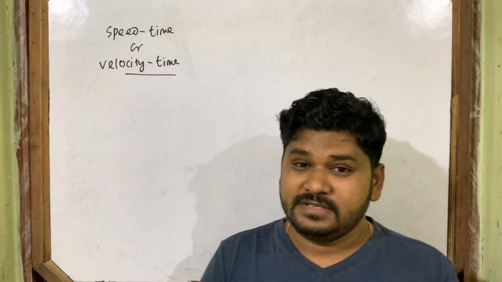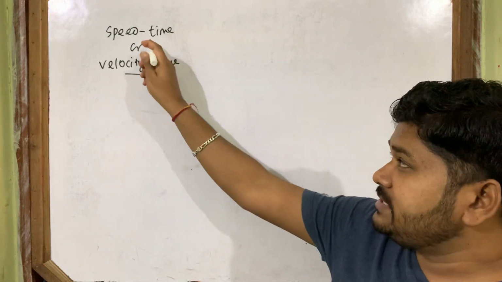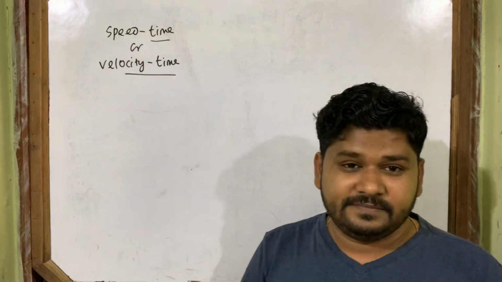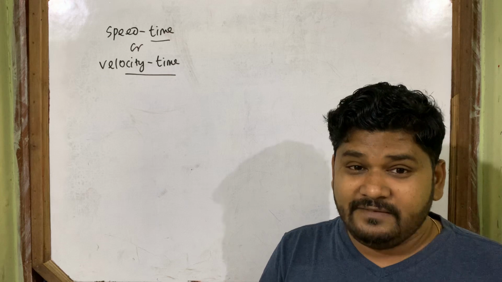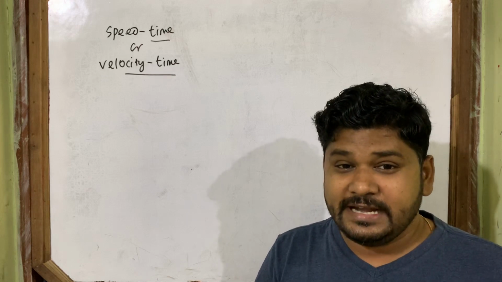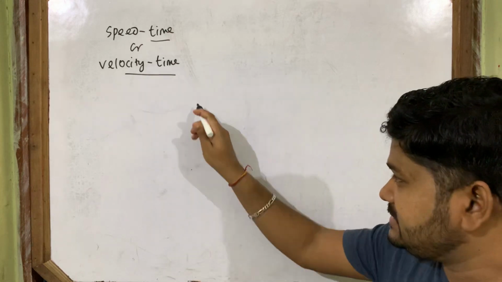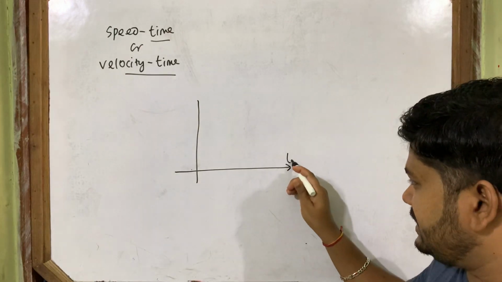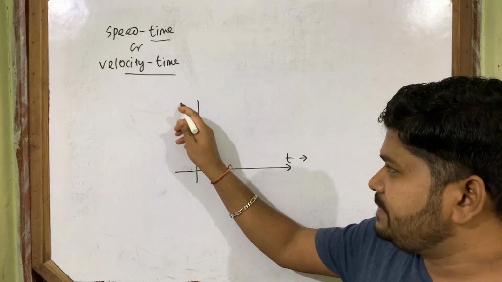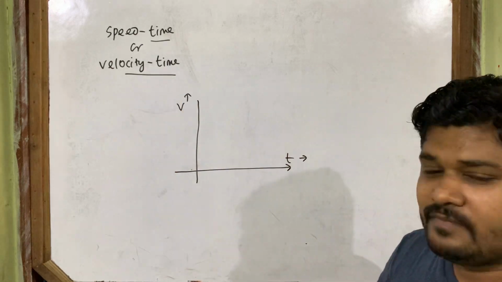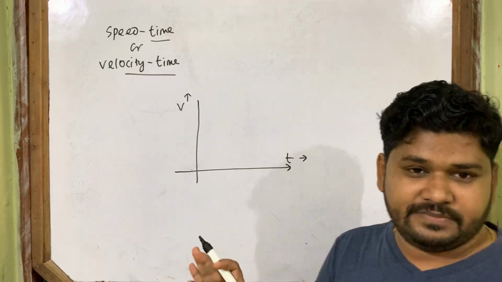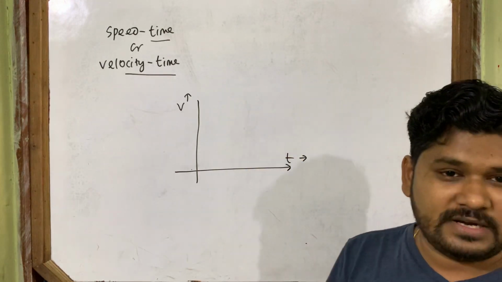What's the difference here? In the speed-time graph, speed is a scalar quantity. It never comes to the negative axis. If you are drawing the graph, you will take time on this axis and speed on this axis. So the speed graph, whatever its shape, will be in this quadrant.